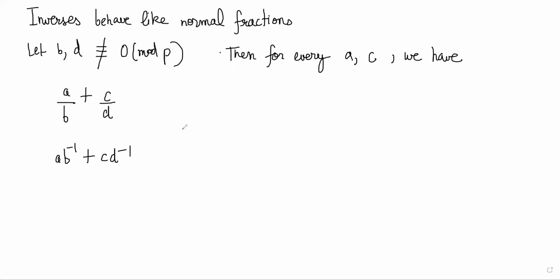And that will be equal to the way we add fractions: ad plus bc by bd, which is actually ad plus bc multiplied by bd inverse, that is, b inverse times d inverse.